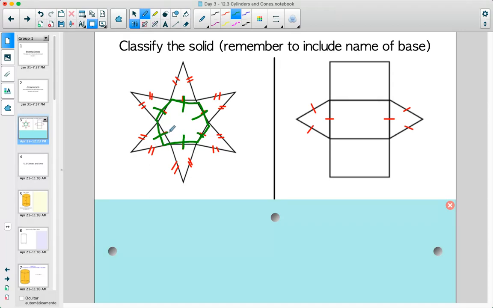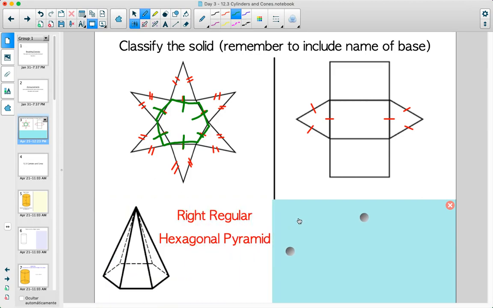And then notice how there's only one base. So because there's only one base, this is not a prism. This is a pyramid. Notice how they are triangles that surround the perimeter. They surround the perimeter of the hexagon. So this is going to be a right regular hexagonal pyramid. Specifically, we're okay if you say regular hexagonal pyramid.